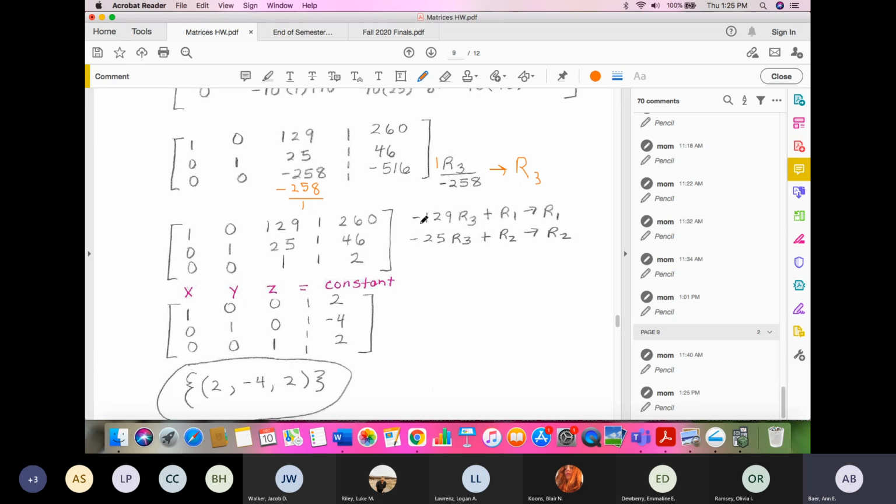That's in my notes when I wrote down what you do to get a 1. So you flip over this fraction and you get negative 1 over 258. I just put the negative sign in the denominator. It doesn't matter where you put it. So I flipped this over and got 1 over negative 258, if you want to be precise. That's fine. So you could look at this as taking row 3 and dividing it by negative 258, and putting it in the new row 3.